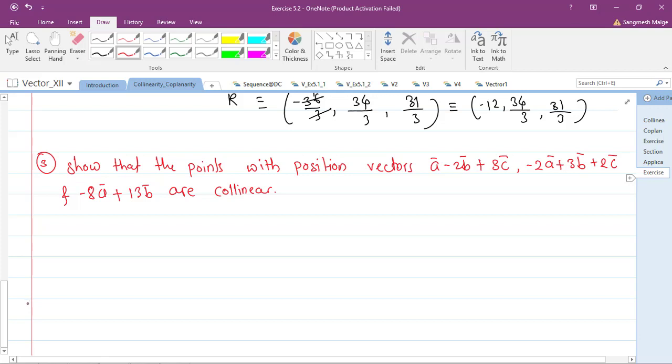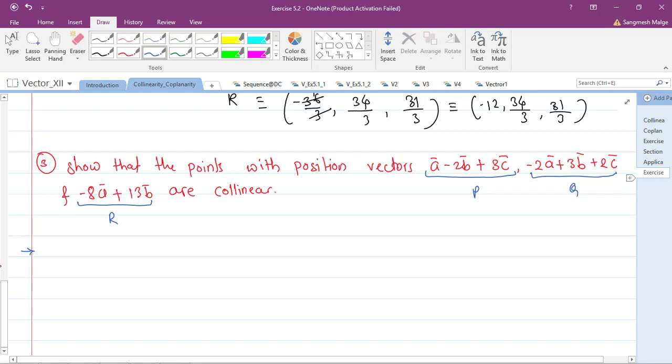So we have three position vectors of the points. Let's name the points: suppose this is our P point, this is our Q point, and this is our R point. These three points P, Q, R are collinear; we have to show that with the help of the given information. How will we do that? If any two vectors are scalar multiples of each other, then those two vectors are collinear.